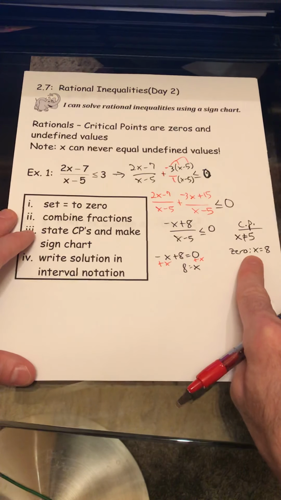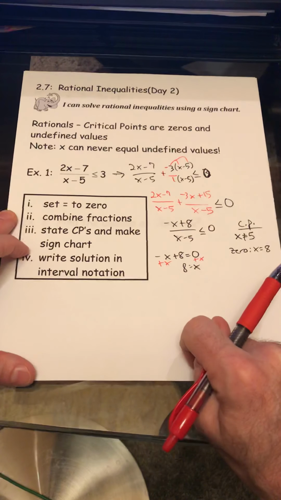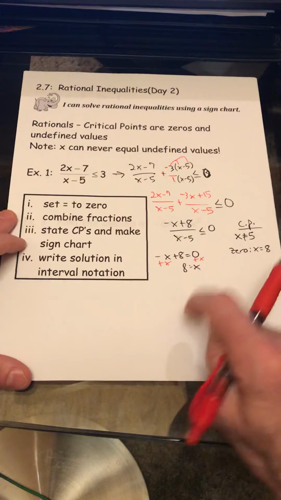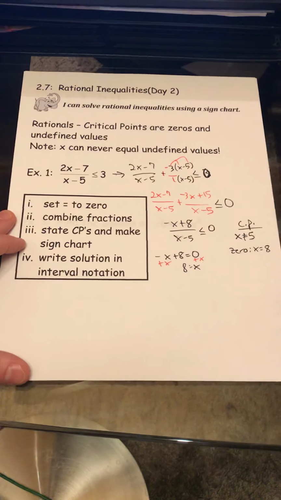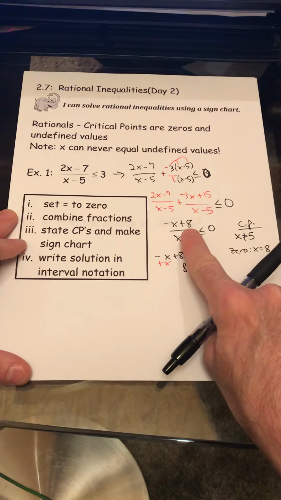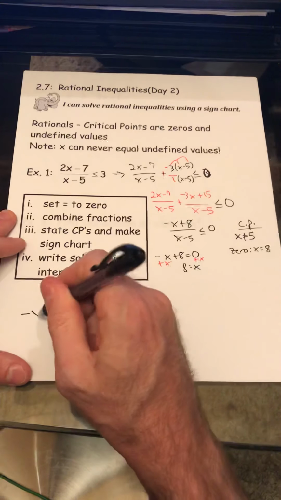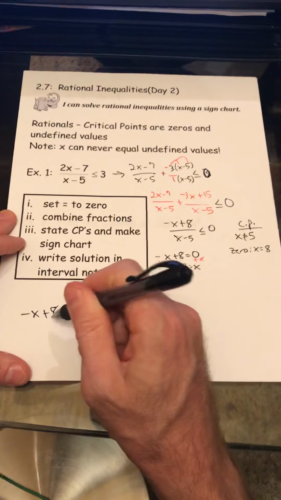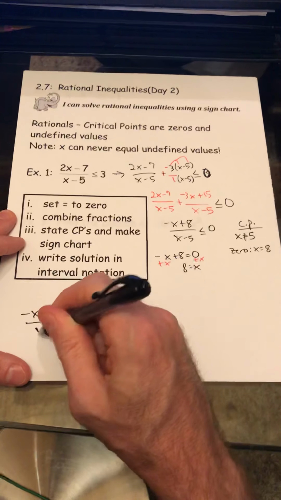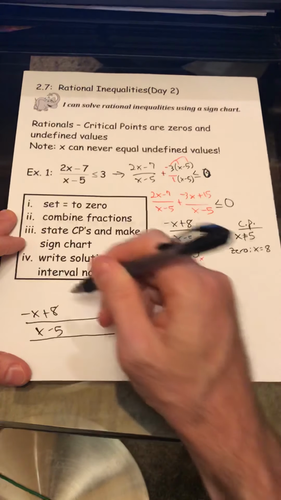Now what we're going to do is once again set up our sign chart. So for that, again, we work it exact same way, even though now instead of a factor times a factor, we have a factor essentially divided by a factor.